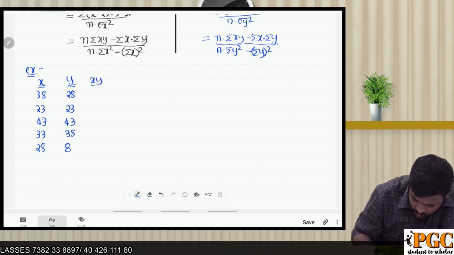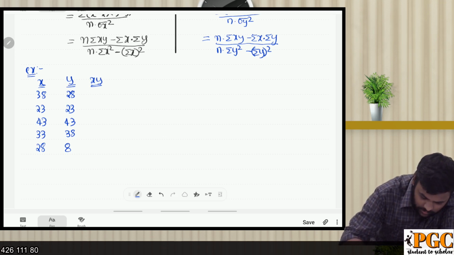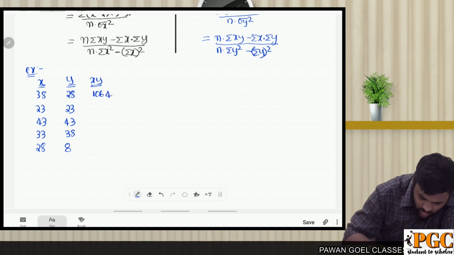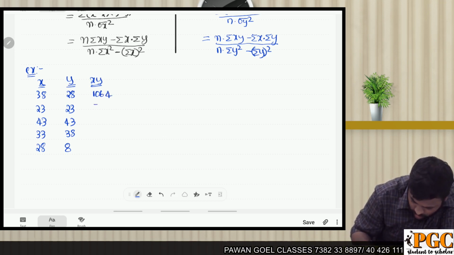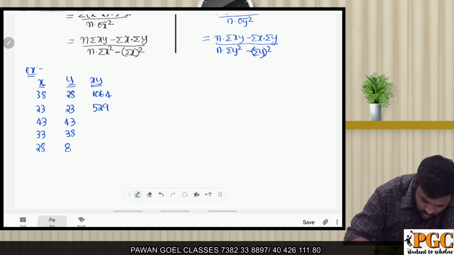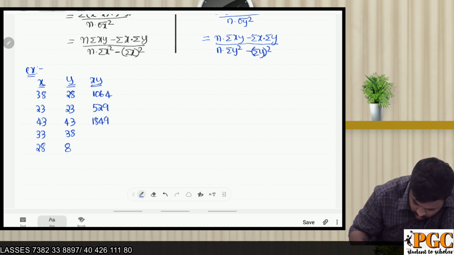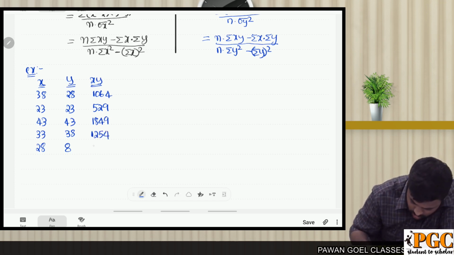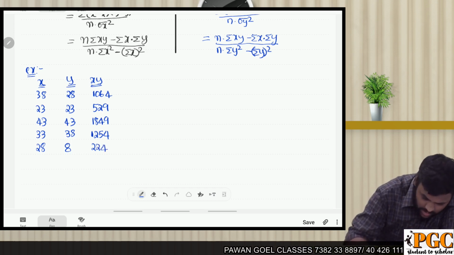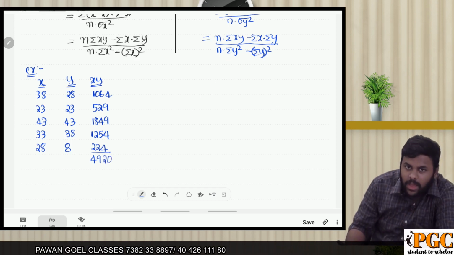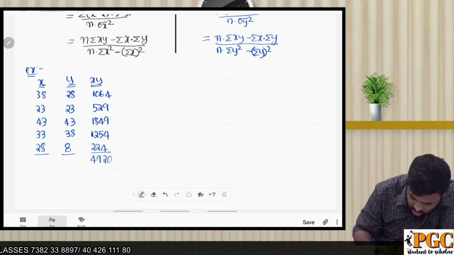Let us compute xy, my dear friends. 38 into 28, 1064; 23 into 23, 529; 43 into 43, 1849; 33 into 38, 1254; 28 into 8, 224; and at last we have the total 4920.